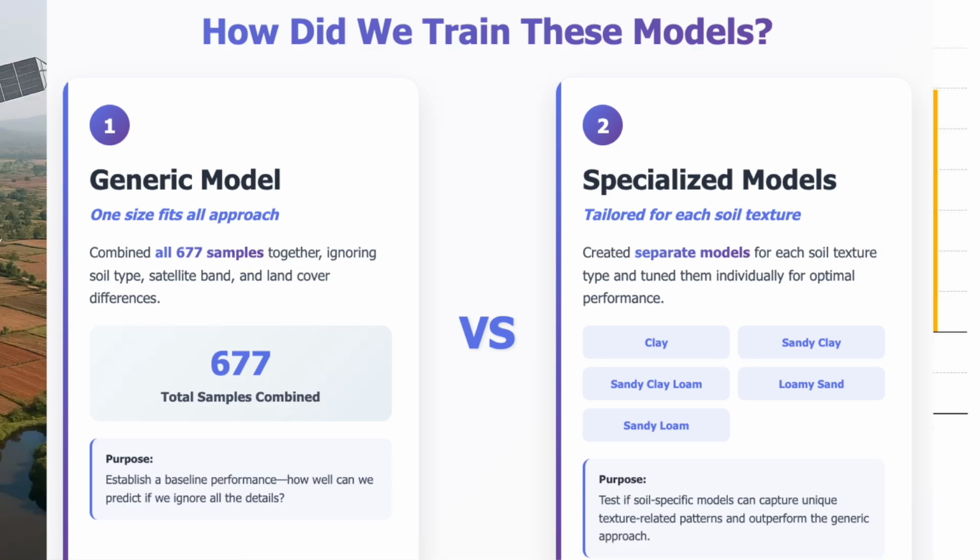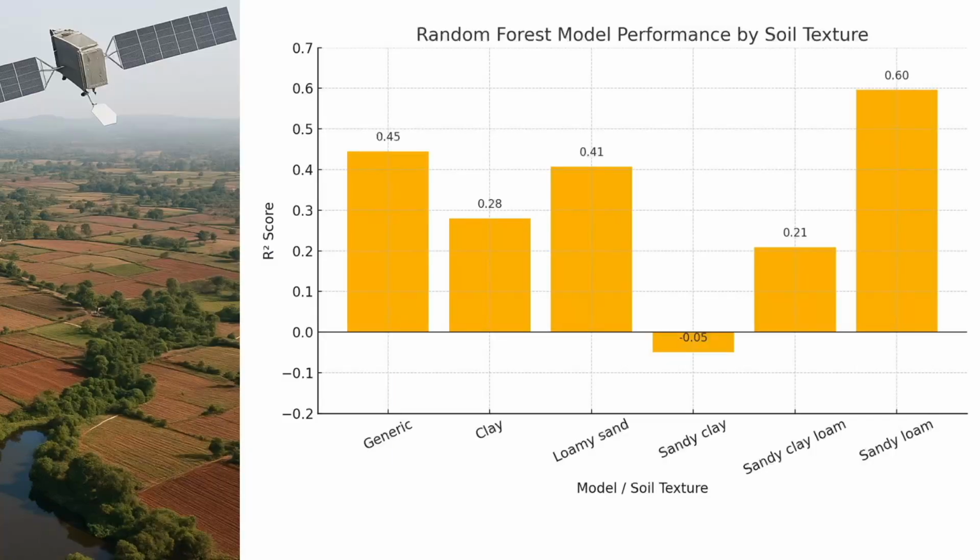We are still in the recap. As I explained in the previous video, I trained the machine learning model, the random forest, first using all data together, which I call the generic model, and then I also trained separate models for each soil texture. And we compared the R square. 1 means perfect prediction, 0 means the model is no better than guessing the average, and a negative value means the model is worse than that.